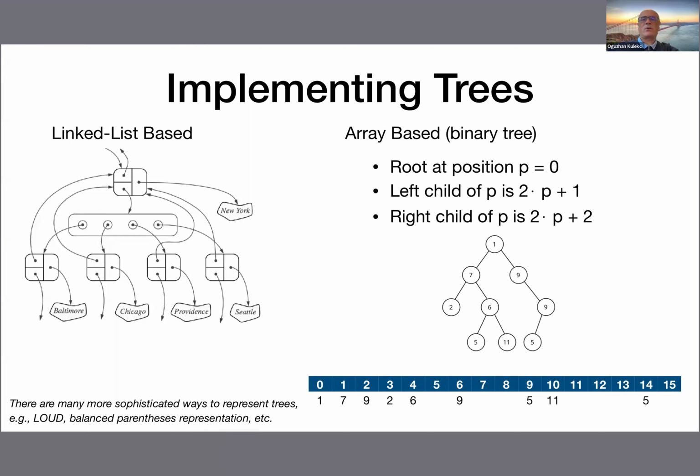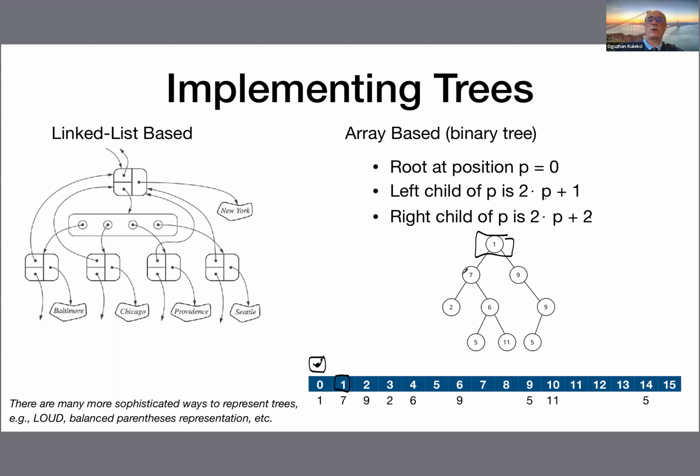calculation. So we can say that, okay, I will just place the root at the initial position. So let's say we have here a zero-based array. The first element of this array is the root, and I will place its left child at position 2 times current position plus 1, and right child at 2 times current position plus 2. 2 times 0 plus 1 gives me this position, right?